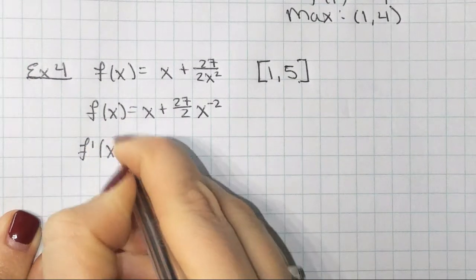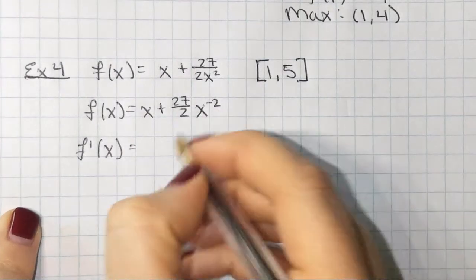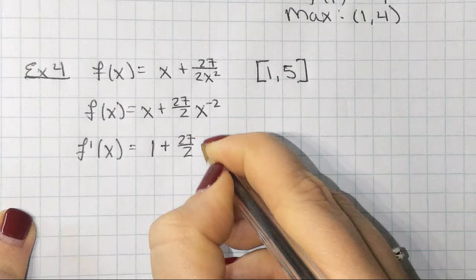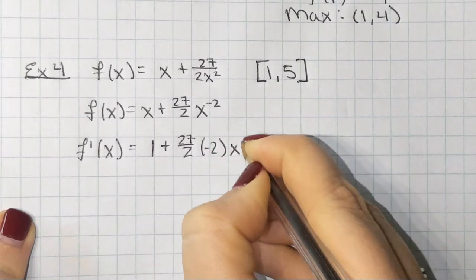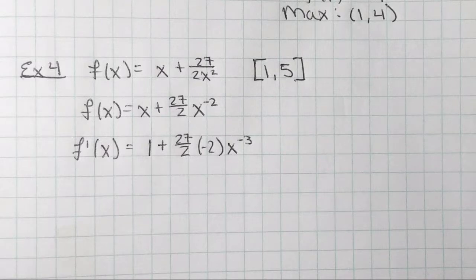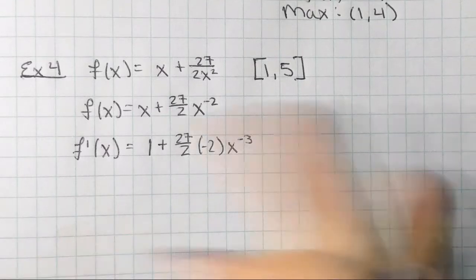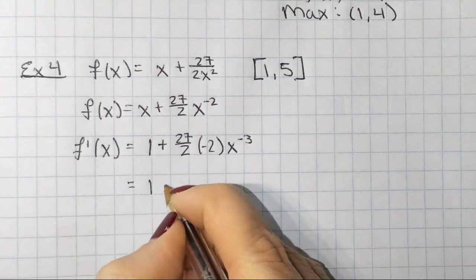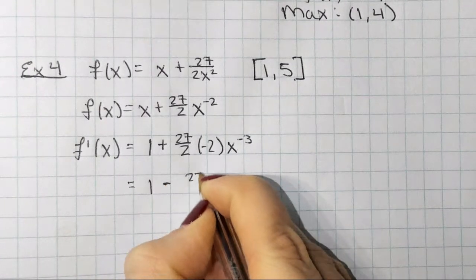So f prime of x in this case is equal to 1 plus 27 over 2 times negative 2x to the negative 3rd. You can go through, clean that up a little bit, and then set it equal to what? A 0.